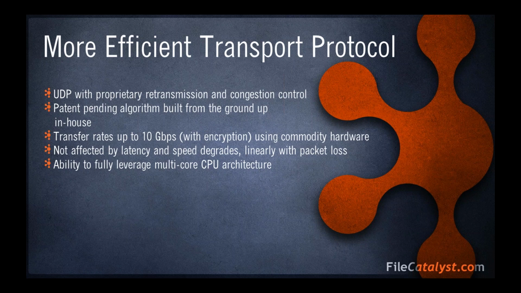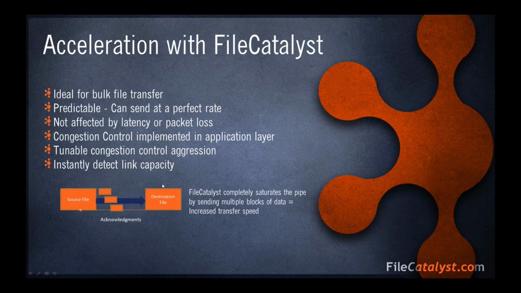This is where we can, on a fairly standard system, send at 10 gigabits with encryption, because we can leverage the multiple cores of the CPU. One core could be encrypting, another core could be sending, another core could be checking for background traffic, and that's what creates the efficient algorithm that lets us, on a fairly standard configuration, send files at 10 gigabits.